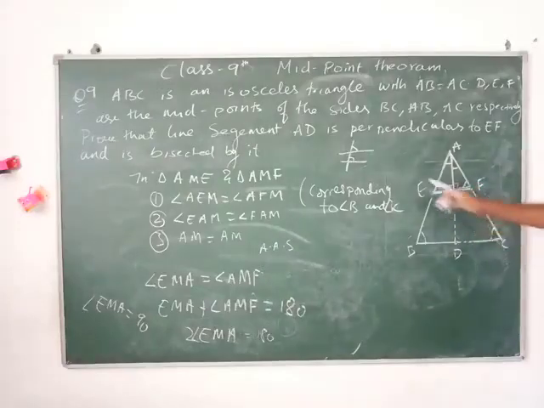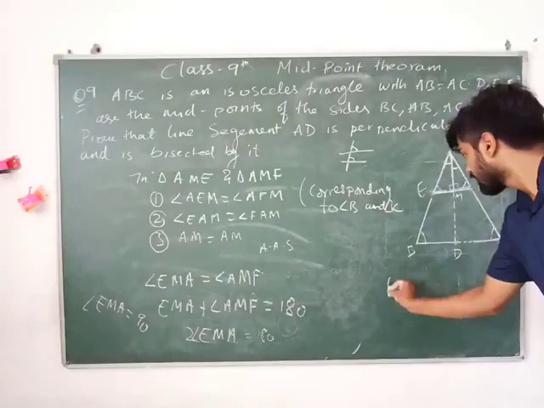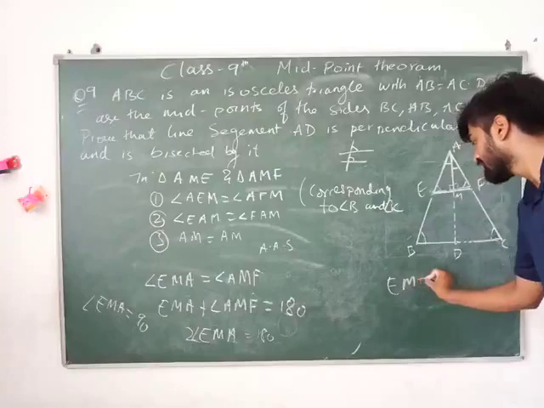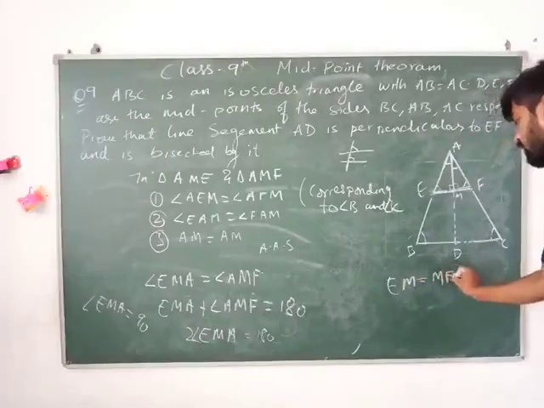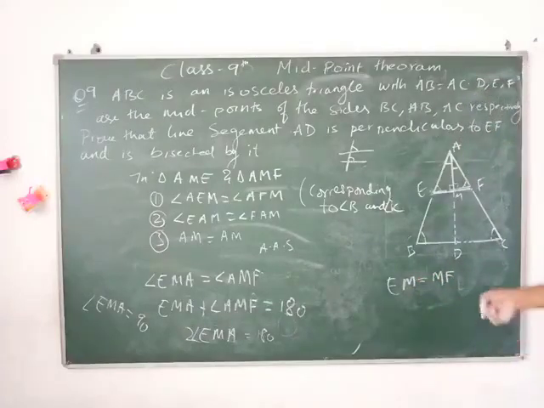Now I also have to prove that AD is bisecting EF. So I can write EM is equal to MF. Why can I write this?